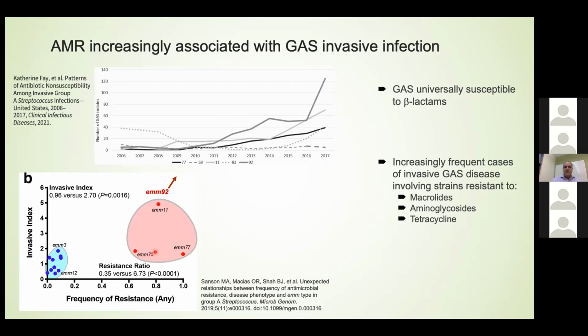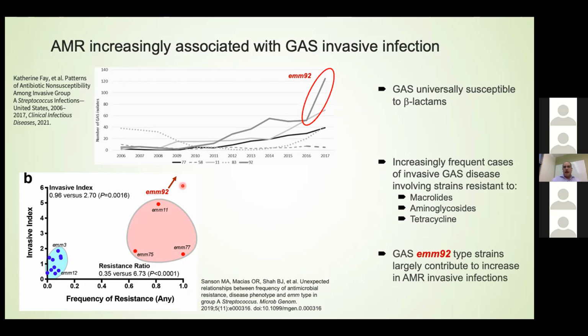So those include M75, M11, M77 isolates, and M92 isolates, which don't even factor in the figure because they are almost exclusively isolated from invasive infections and have very high rates of antimicrobial resistance. And that also follows along with the CDC data, which shows that M92s are actually the serotypes that have shown the greatest increase in antimicrobial resistance in invasive infections over the past decade.